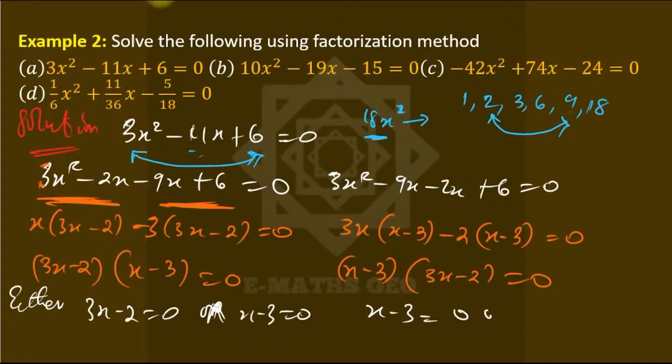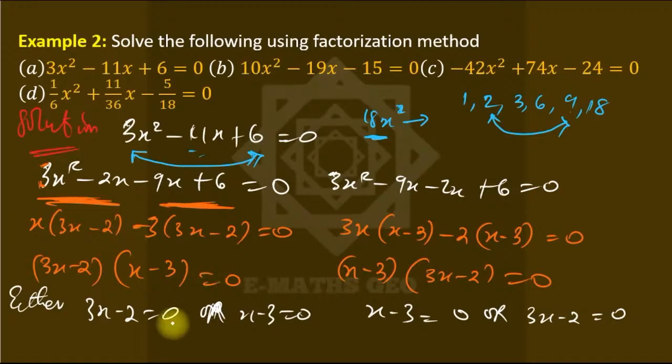In some cases, one of them will not factorize. Like in this case, thank God we were able to group both of them, but there are some questions where one will factor but the other one won't. So we are lucky, both of them here.